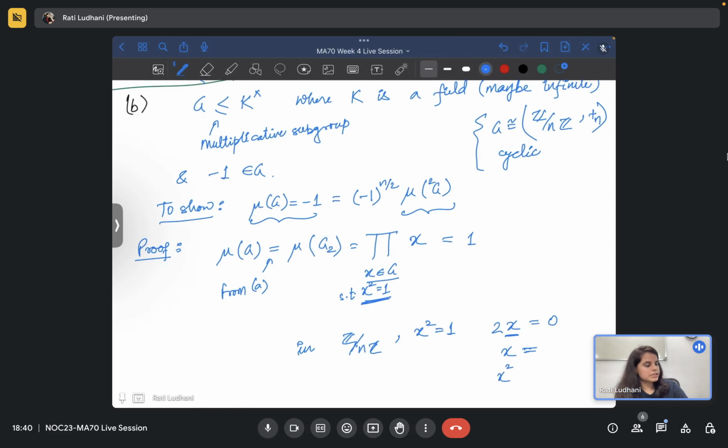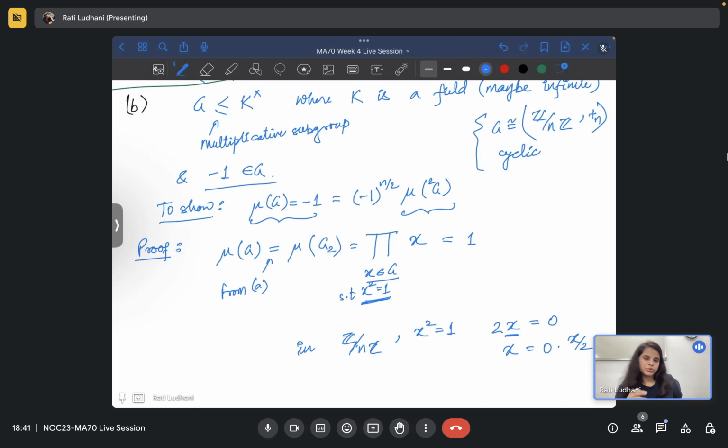Yeah, so x is equal to 0 or the other one could be x by 2, right? Oh, -1 is given to be in G, so x by 2 will exist.